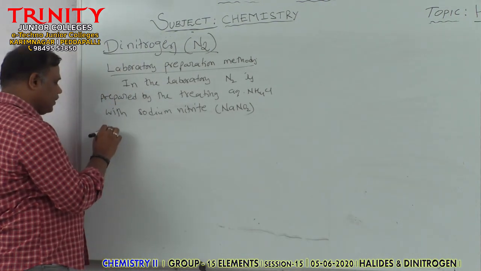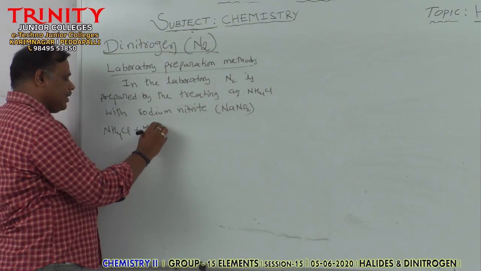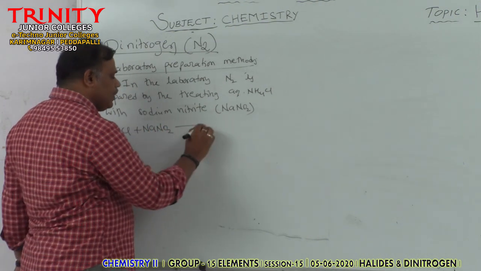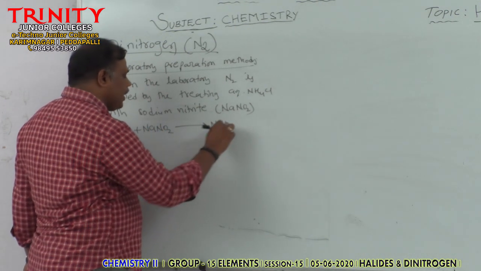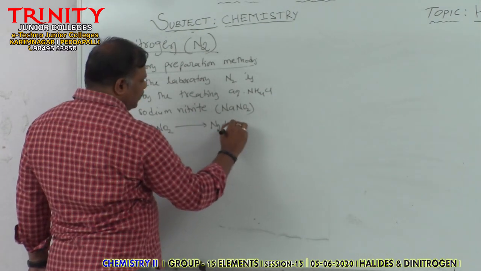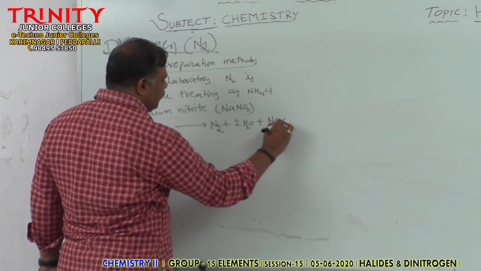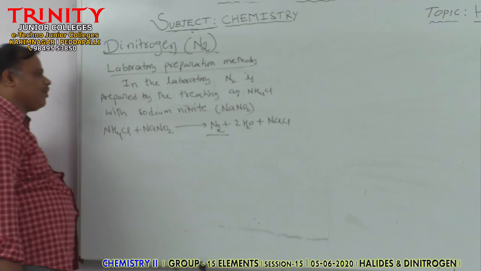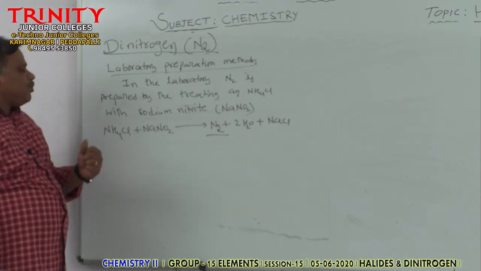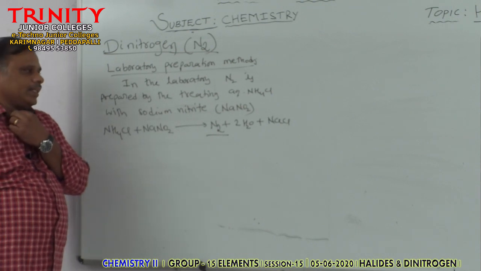The reaction: NH4Cl plus aqueous NaNO2 gives rise to N2 plus 2H2O plus NaCl. Nitrogen is formed. Then a small amount of NO and HNO3 also formed in this reaction.